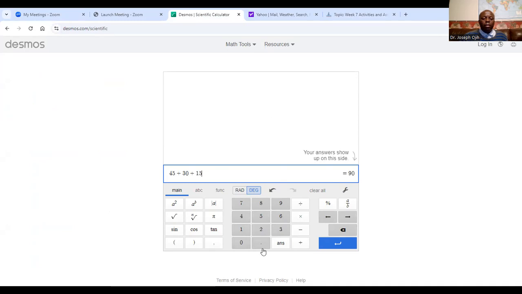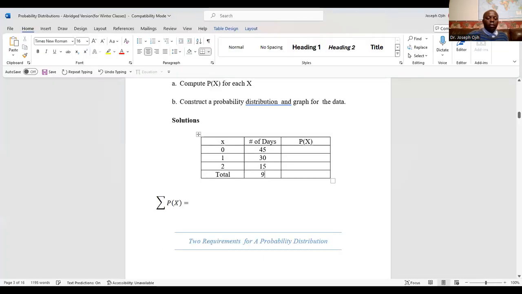I'm going to go back and put 90 here. That's the total we have. So 90 will be the total.